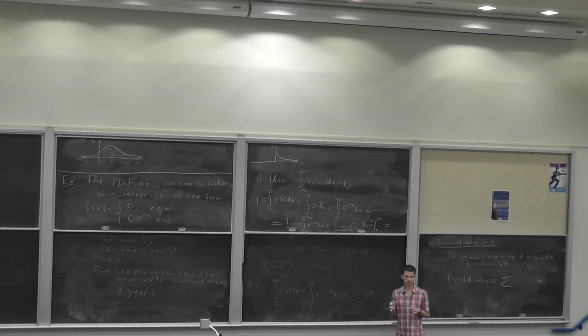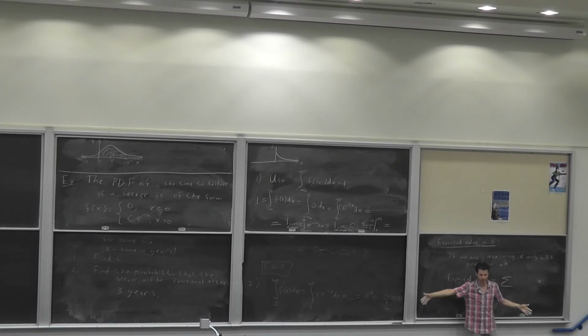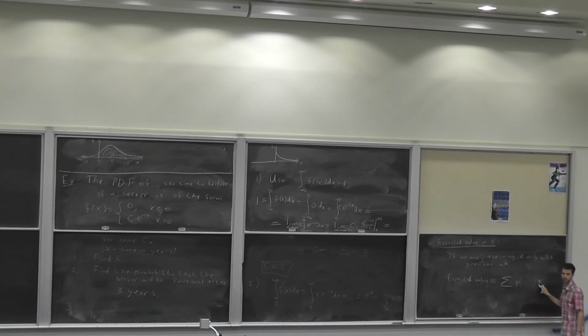So delta x is just some small number. If I measure height, I think about maybe 1 millimeter or 1 centimeter. So instead of measuring the height precisely, every time I measure the height, I will round to the closest centimeter. Then to find the expected value, I will take the sum of all measurements, let's say all the integers from 100 to 200 centimeters, and multiply by the probability of getting this measure.